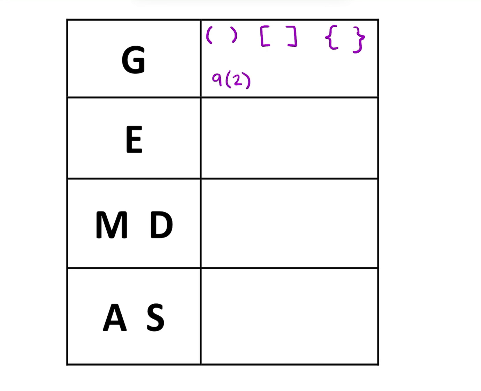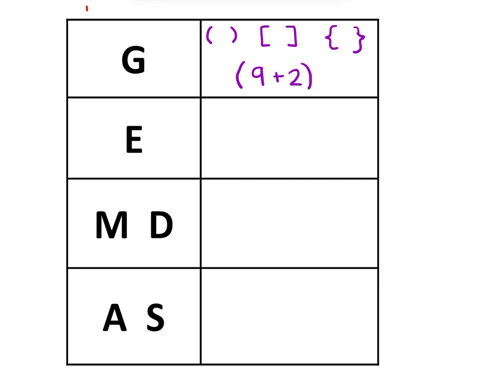So this is not like when we see 9 parentheses 2, because we've talked about that. That's multiplication. What I mean by groupings is there has to be something happening inside the parentheses. So notice this parentheses has a plus sign inside. So this would be what we would solve first.